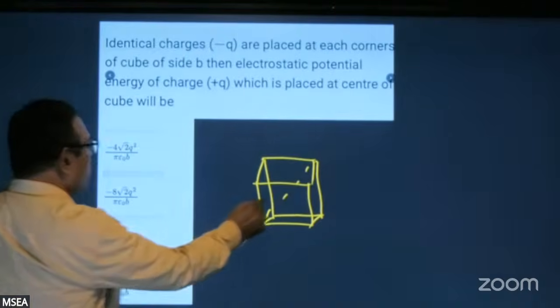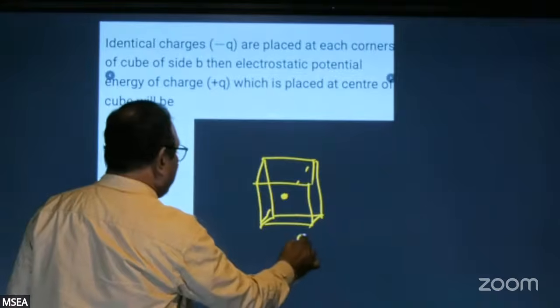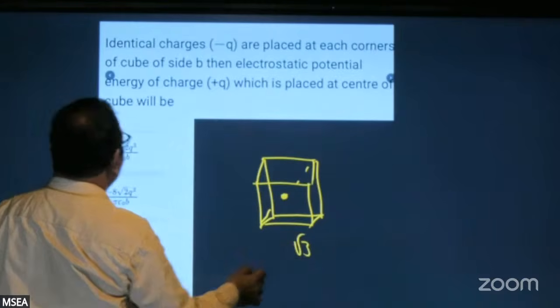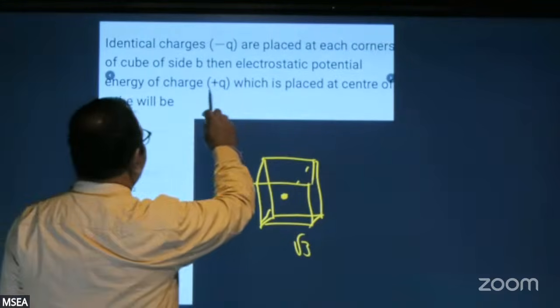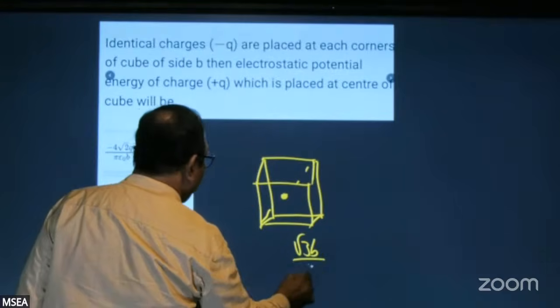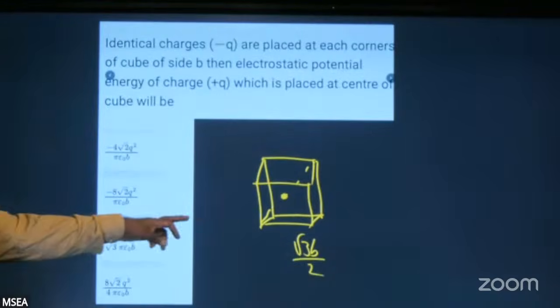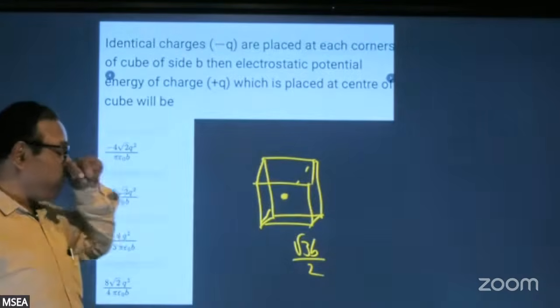Then the distance from the center to each vertex is root 3a by 2. Side is given as b, therefore root 3b by 2.